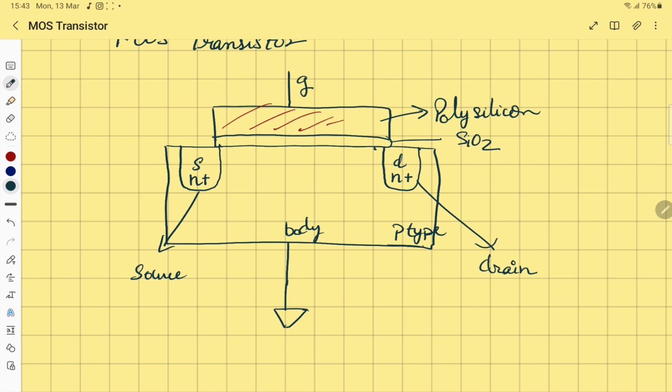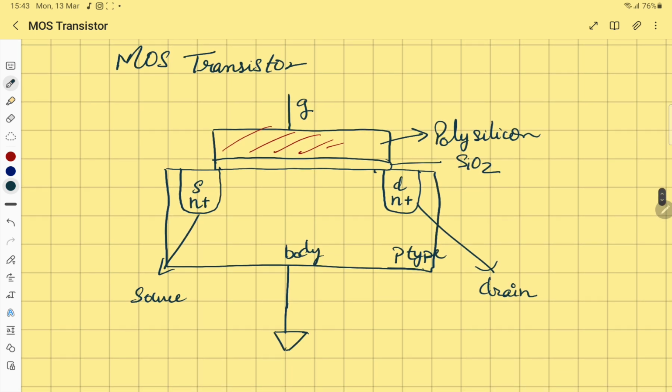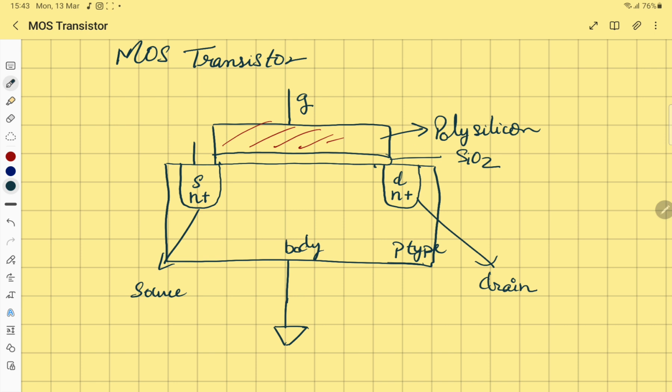So basically there are four terminals, right? We have a source terminal, a drain terminal, a gate terminal, and a body terminal. We are connecting the source to the body like this, okay?